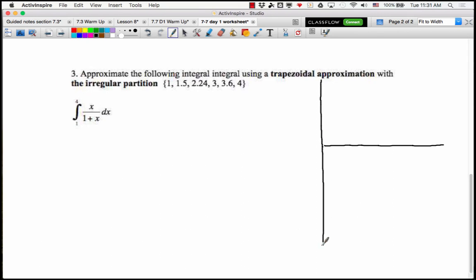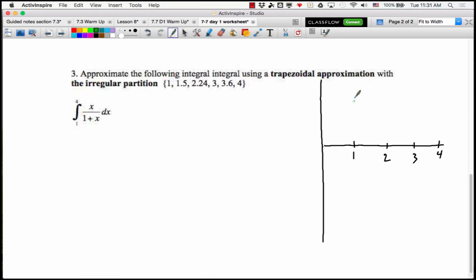Alright, so we're going to integrate from 1 to 4. Put 4 over here. And if I plug in a 1, we need to figure out the heights of each of these. So if I plug in a 1, what's the height? 1/2?